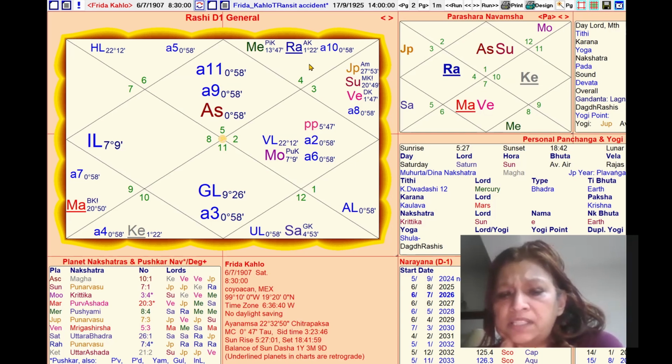Number two, it is 12 from the Arudha Lagna, which is another problem. Number three, Pisces has got two lords. One is Jupiter, which is Astangata, combust with the sun.